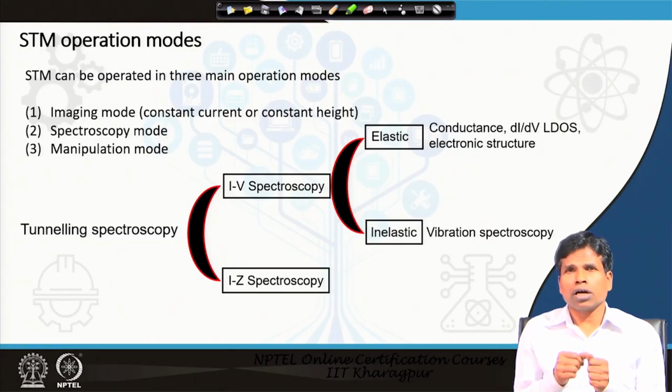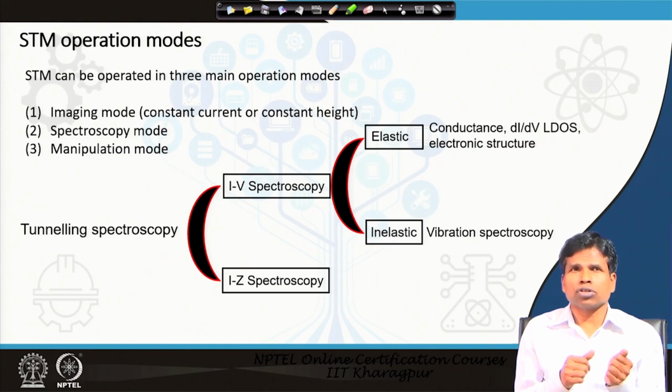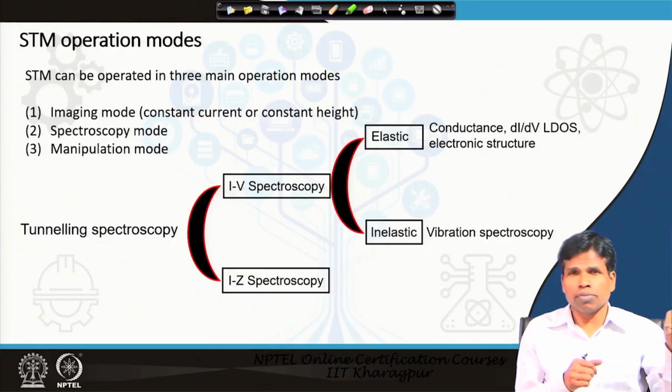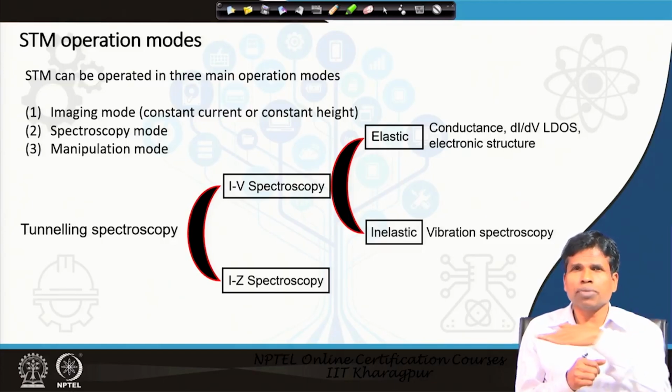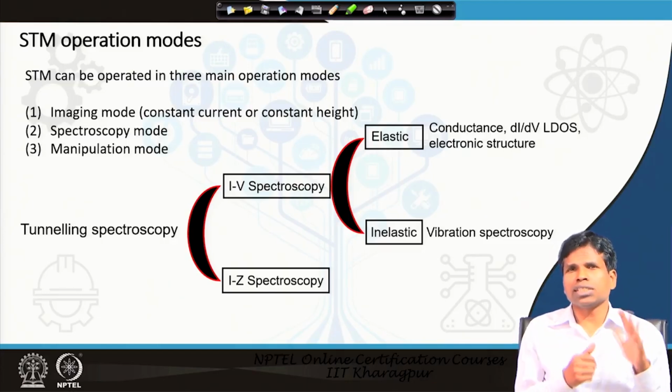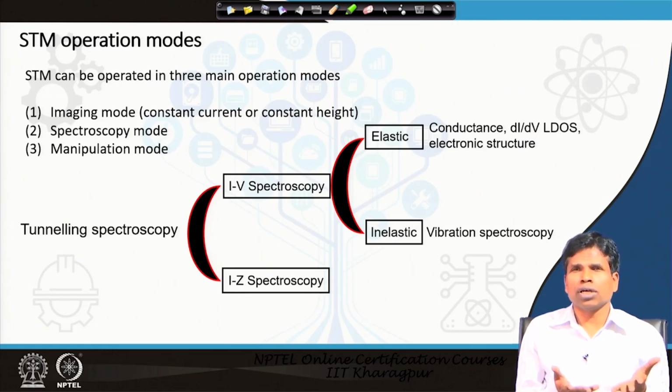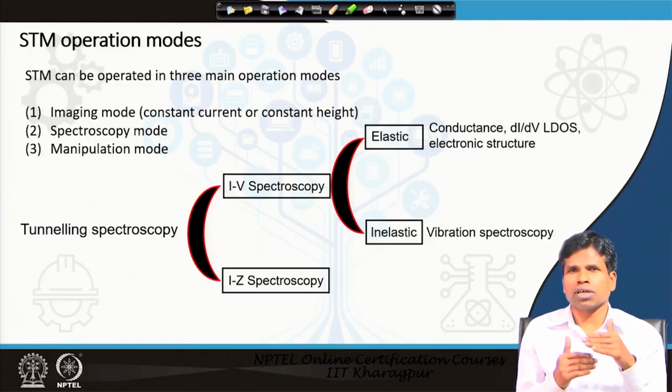Now, in the previous cases of the imaging process, what we do is put the tip in constant height mode and measure the current, and that current we use for imaging. When we measure the current, the bias potential remains constant. The bias potential is 0.1 or 0.5, up to 1, like 0.1 to 1 volt, between the sample and tip.